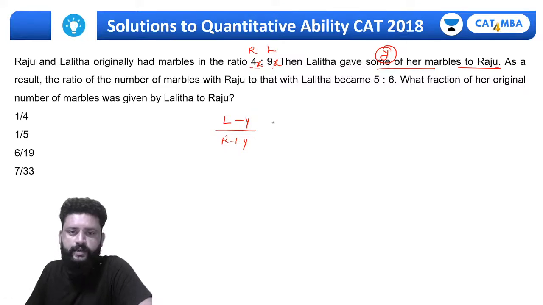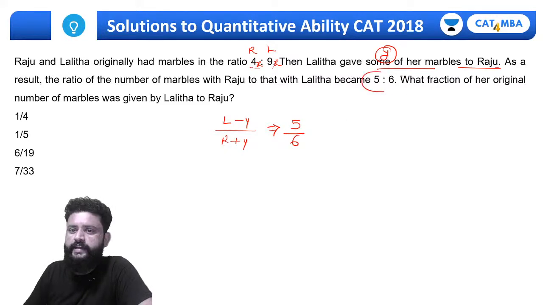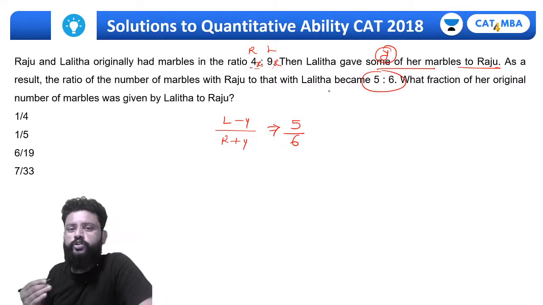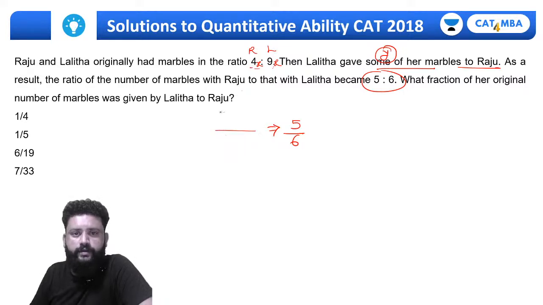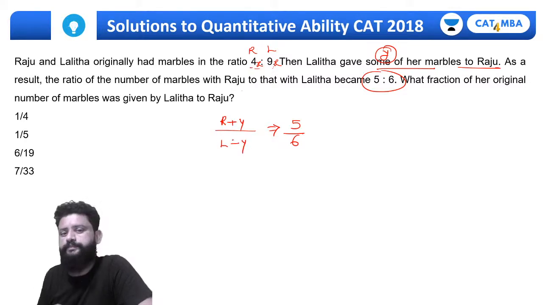That's quite simple to understand. After that this ratio must be 5 upon 6. The new ratio is already given over there. The ratio of Raju to Lalita, so Raju plus y upon Lalita minus y.